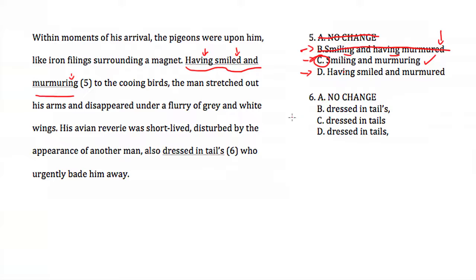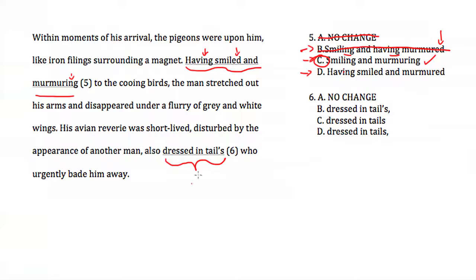Smiling and murmuring to the cooing birds, the man stretched out his arms and disappeared under a flurry of gray and white wings. Question 6 comes in the very next sentence, dressed in tails. Here we're talking about another man, and when we say he's dressed in tails, we're saying that he's also dressed up, just like the Birdman.